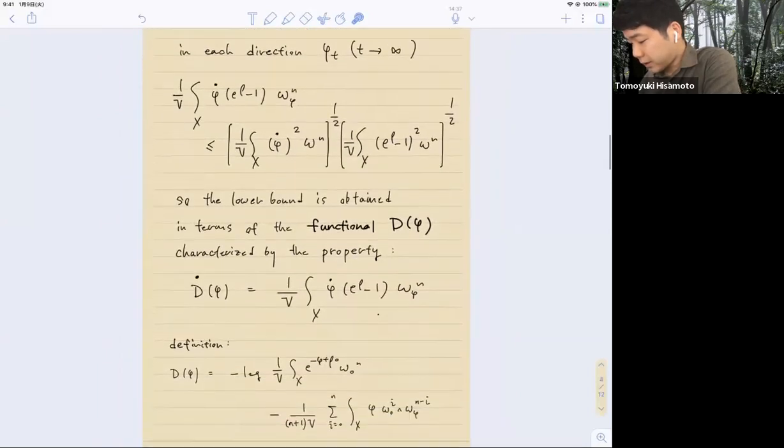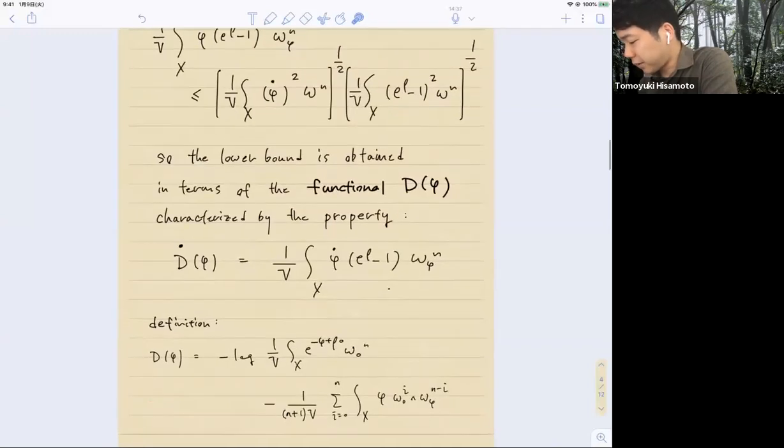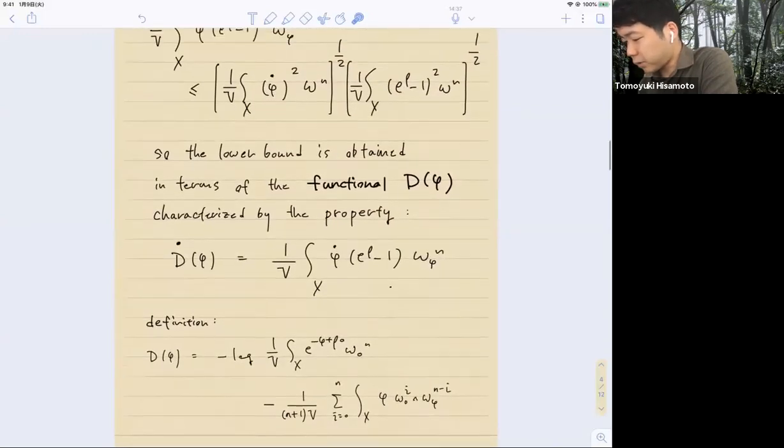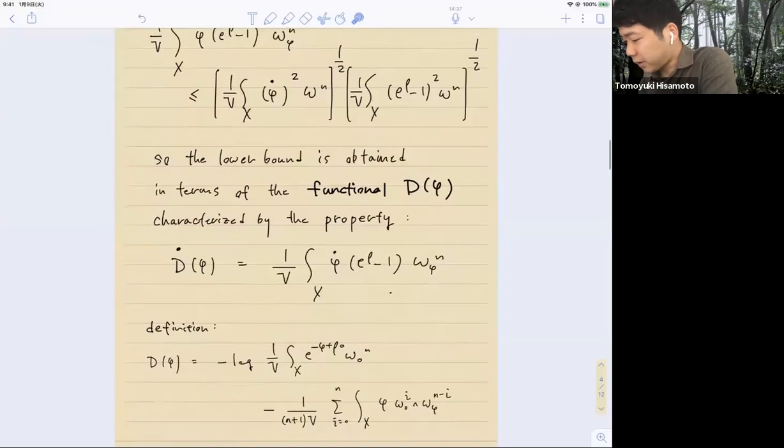Of course, there exists a precise concrete definition of the D functional, which I wrote below, but we don't need this precise definition today. The most important property is that the differential of D is given by phi dot times e to the rho minus 1, evaluated along any direction phi dot.